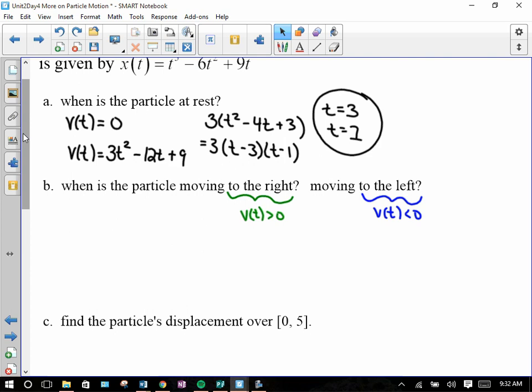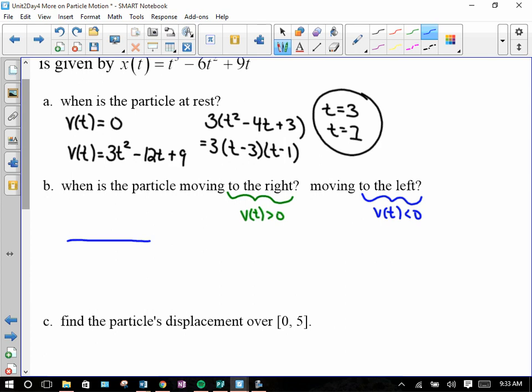I'm going to show you something you may have seen before. I think I showed you this a little bit on Monday or Tuesday when we were working on the homework, how we can do this because you don't have a graph. So one way to do this is to make what we call a sign table.